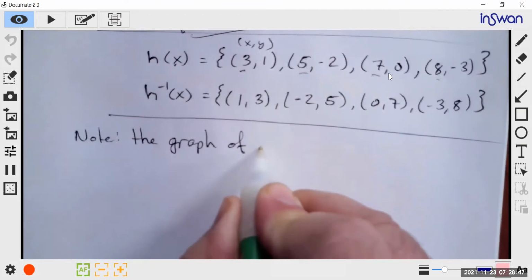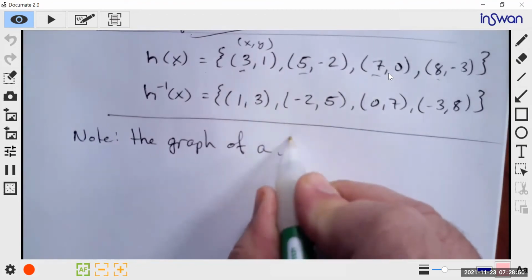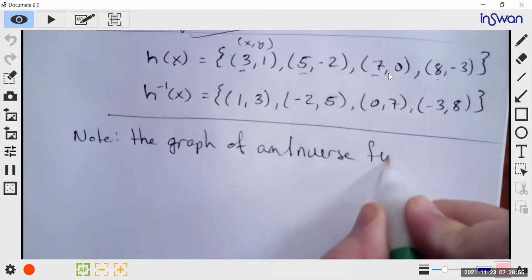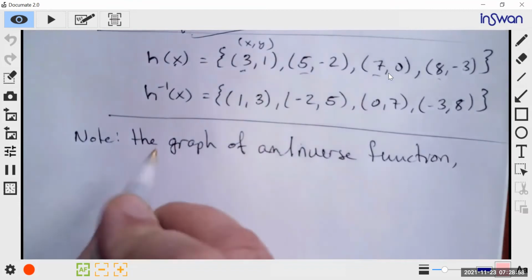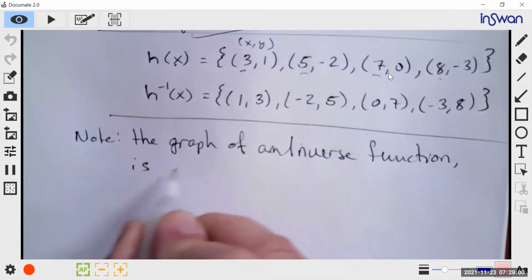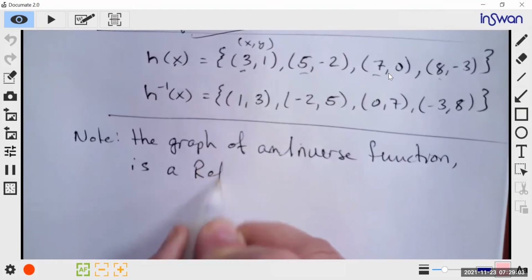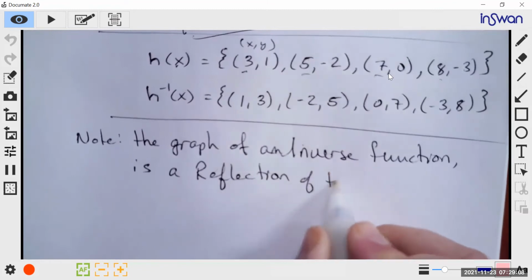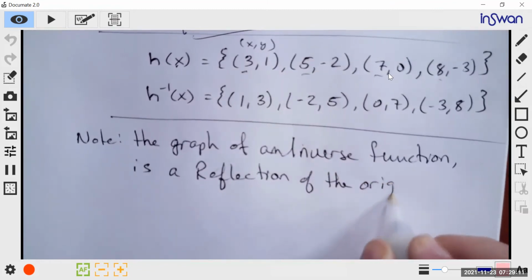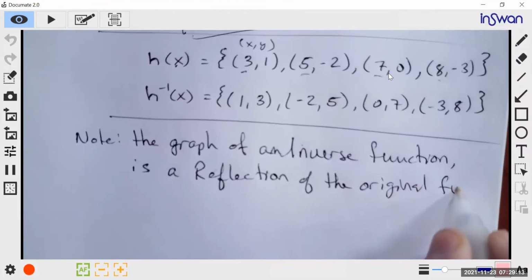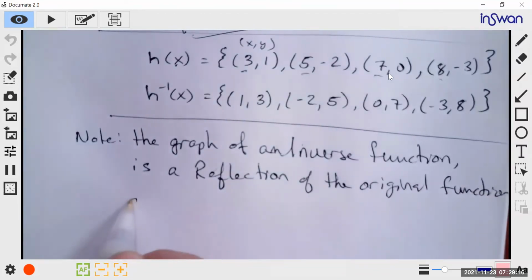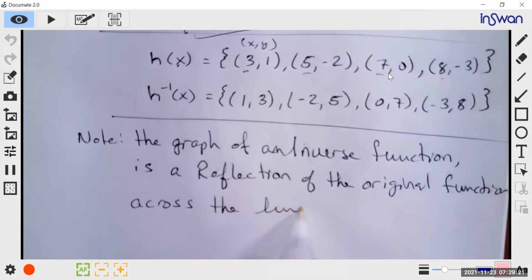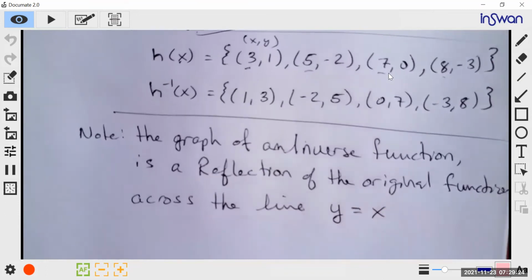The graph of an inverse function is a reflection of the original function across the line y equals x.